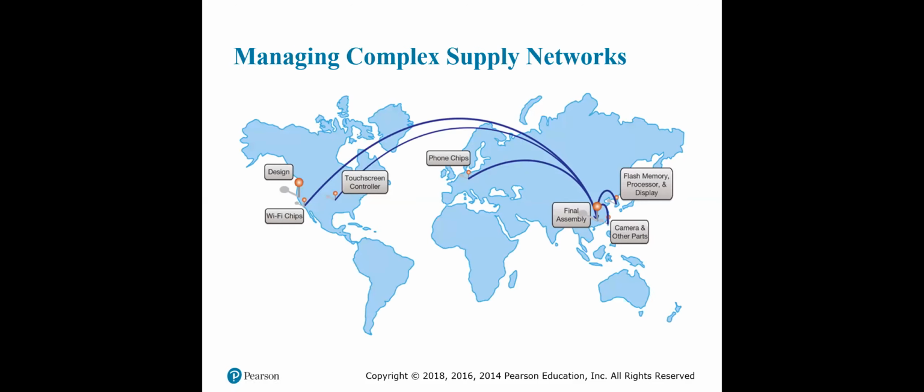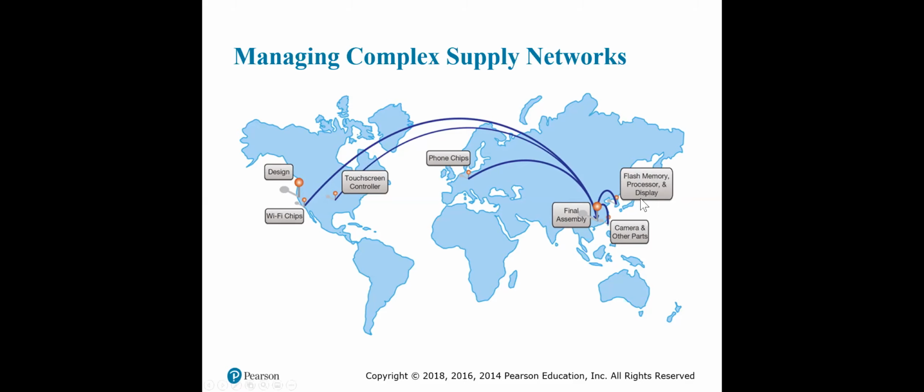A prime example of a company having to manage an extremely complex supply network is Apple. Do you know that the supply network for the iPhone involves multiple suppliers around the world? For example, the Korean company Samsung supplies the flash memory, battery, and central processing unit to Apple.